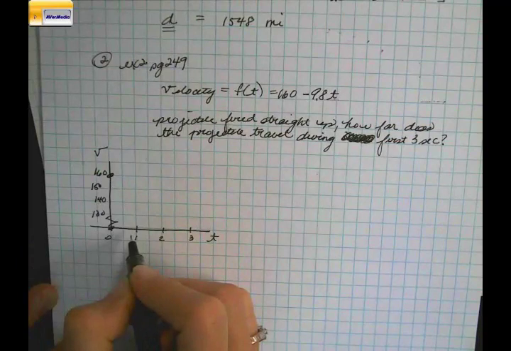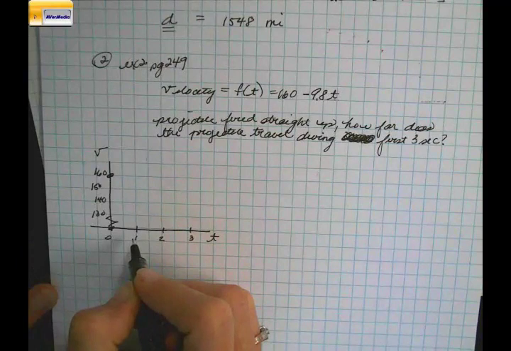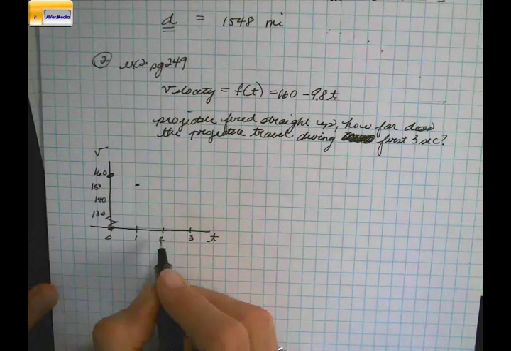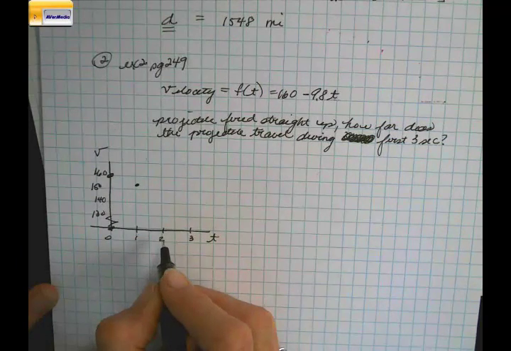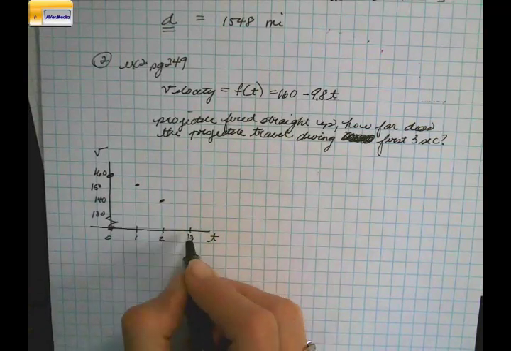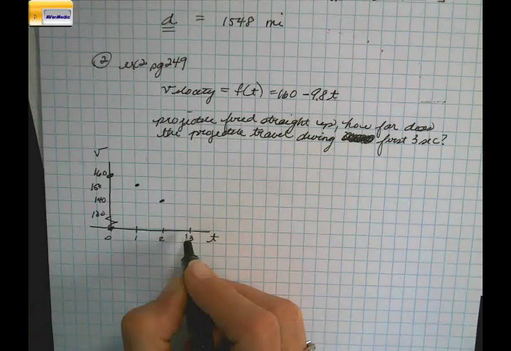At 1 you're at 160 minus 9.8, which is 150.2. At 2 you're at 160 minus 19.6, about 140. At 3 you're at 160 minus 24? No. Is that right?